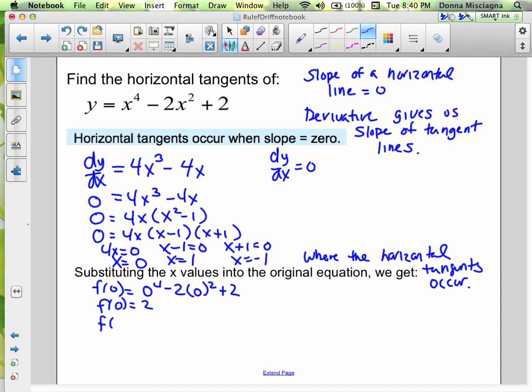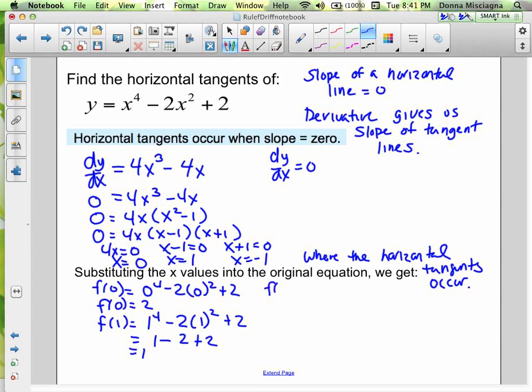F of 1 is 1 to the fourth minus 2 times 1 squared plus 2. So that's going to be 1 minus 2 plus 2, so that's just 1.